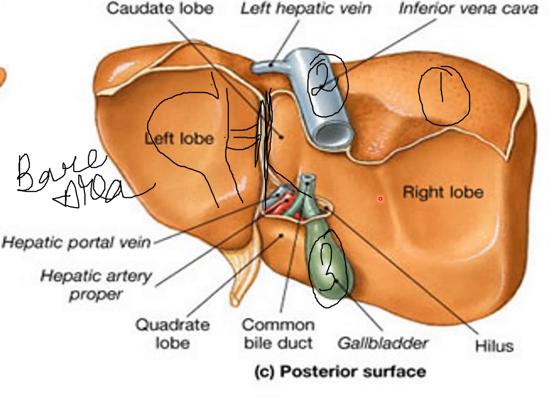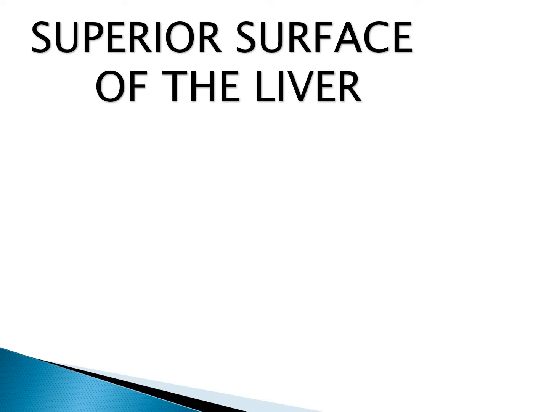Now let us come to the visceral relations of the liver. In the visceral relations, we have different surfaces: a superior surface, an anterior surface, a posterior surface, an inferior surface, and also a right surface.